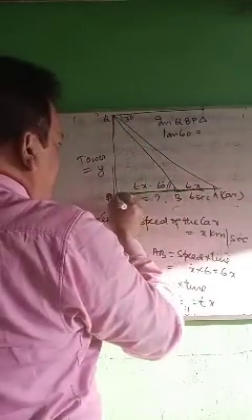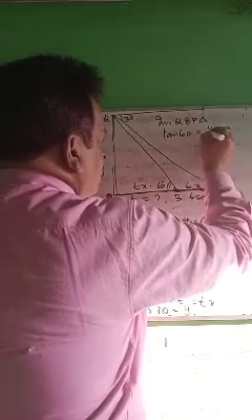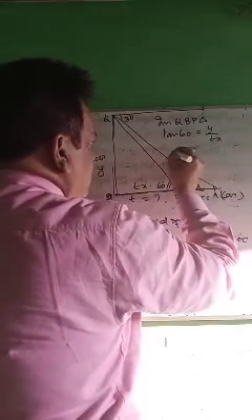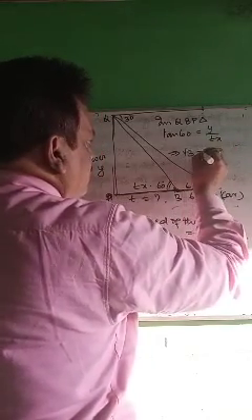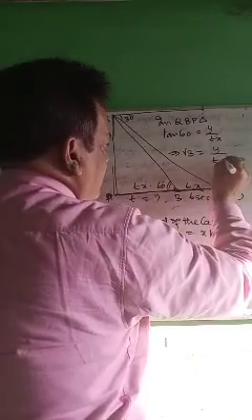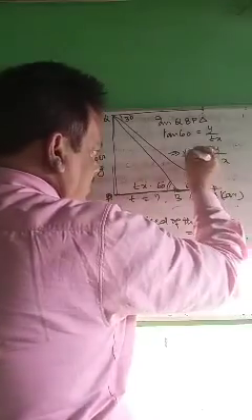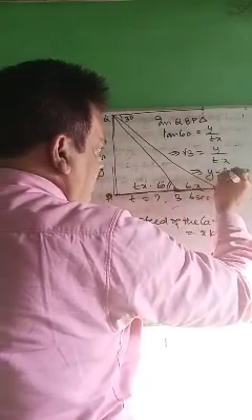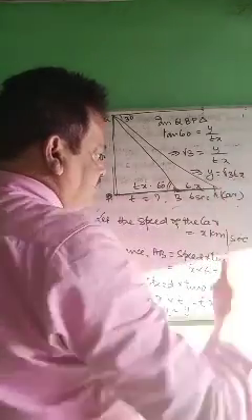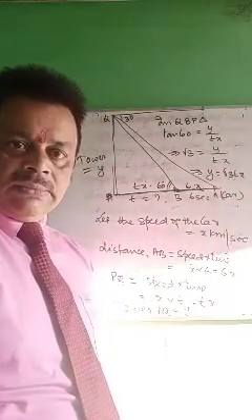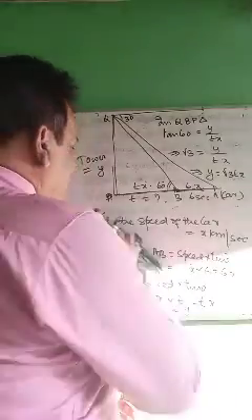So y by tx. Root 3 equals to y by tx. Cross multiplication, y is equal to root 3 tx.